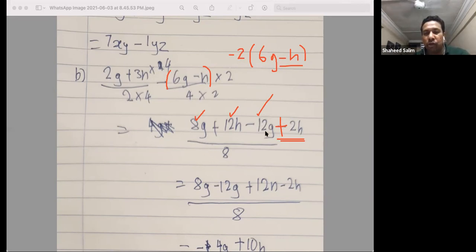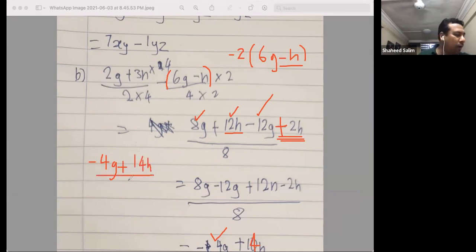So 8g minus 12g, you get minus 4g, which is correct. This one now, 12 plus 2 is 14. So you get minus 4g plus 14h over 8. Now why we learn about factorizing, now we can take out the same number, which is 2.